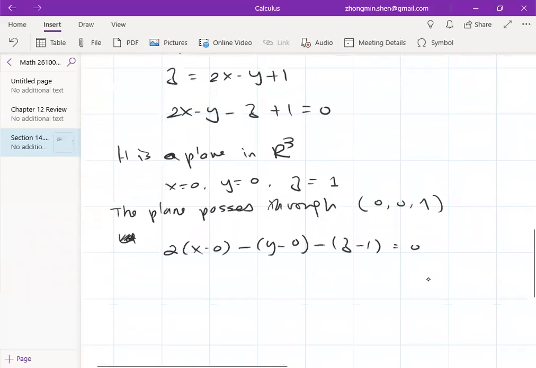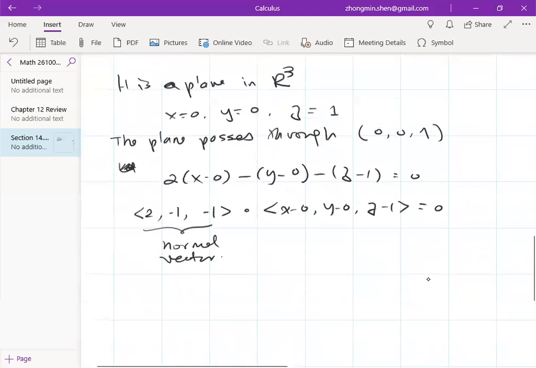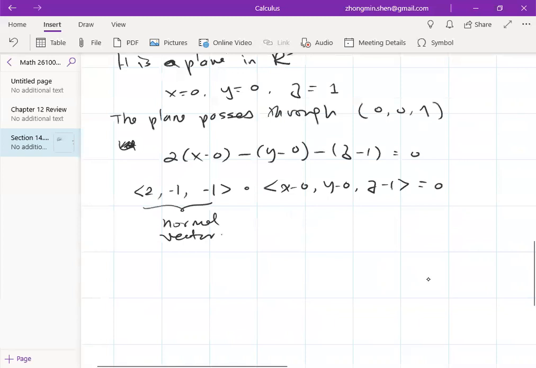Or you can write it in the following way: (2, negative 1, negative 1) dot product (x minus 0, y minus 0, z minus 1) equals 0. Okay. So this is the normal vector n. Normal vector. So the picture looks like that.